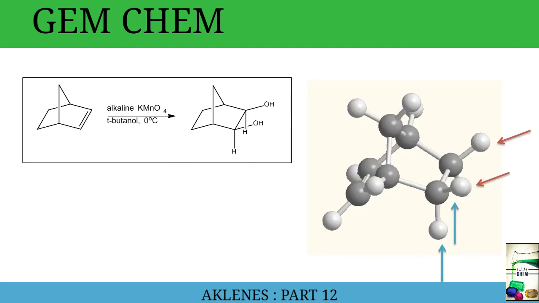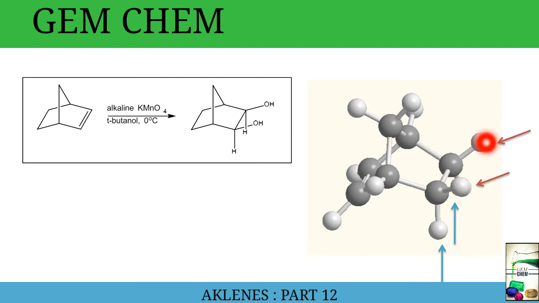Now if we consider this in a 3D figure, see this one, this ring is compressed on the downside and has more steric hindrance on the downside. The ring is just squeezed from here, whereas if attack takes place from here, there is no steric hindrance.